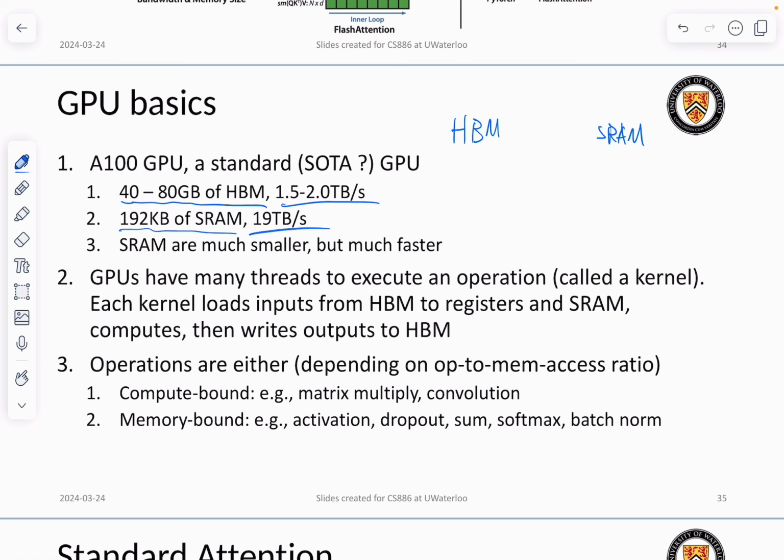This is your GPU, and this is your processing unit.